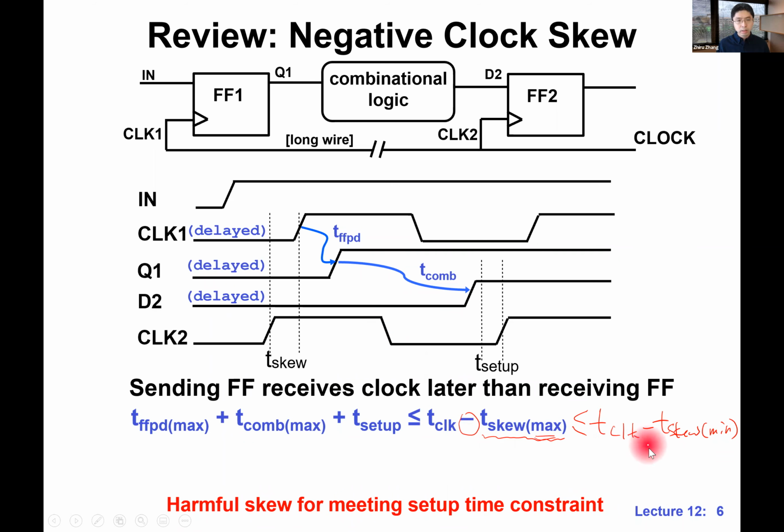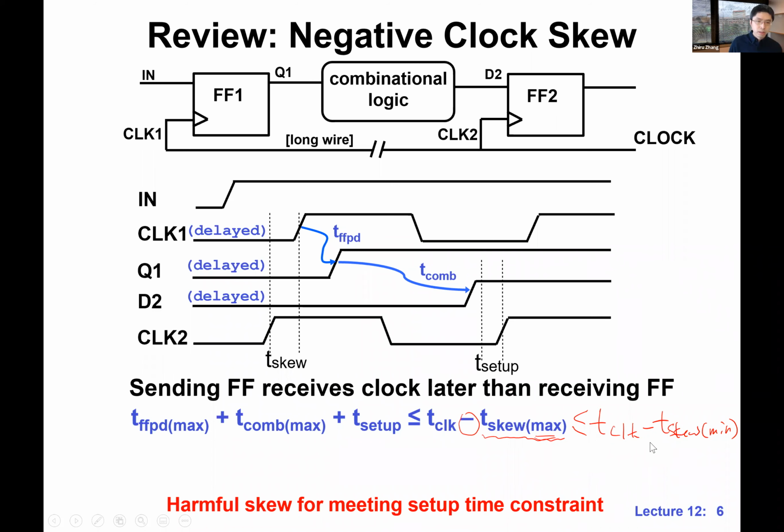This holds, which means that if we cover max skew, the mean skew is already covered with this inequality. Basically, this is indeed the worst case condition. We really don't need to consider skew mean, because the moment we cover this inequality, this part is automatically covered.